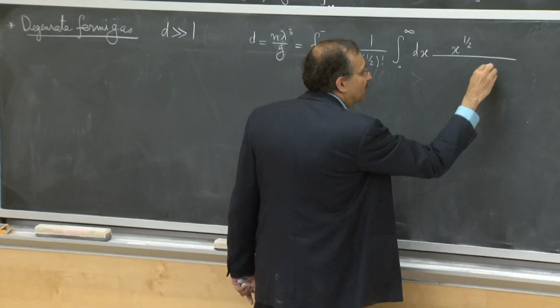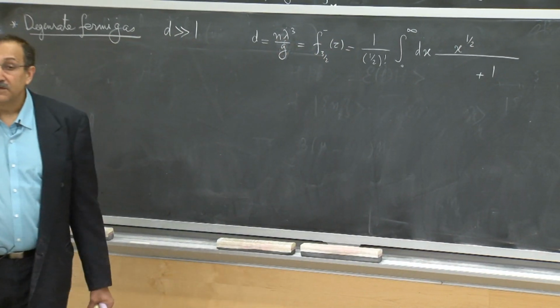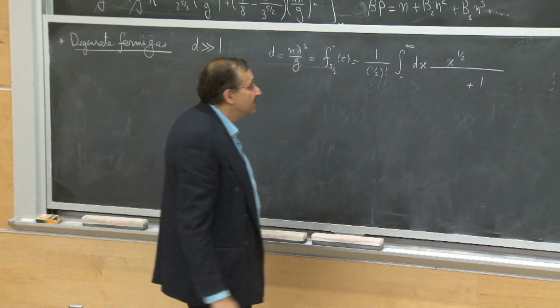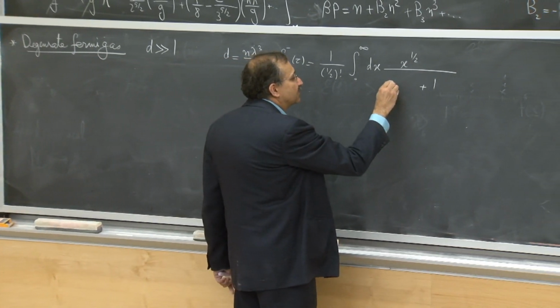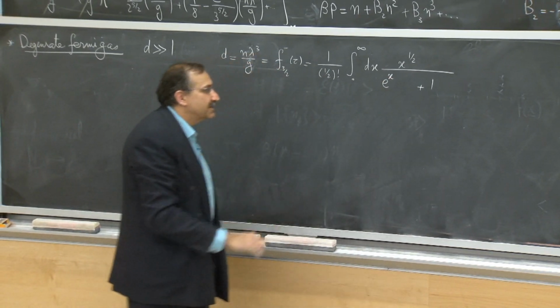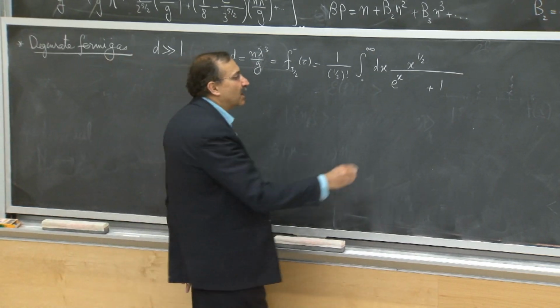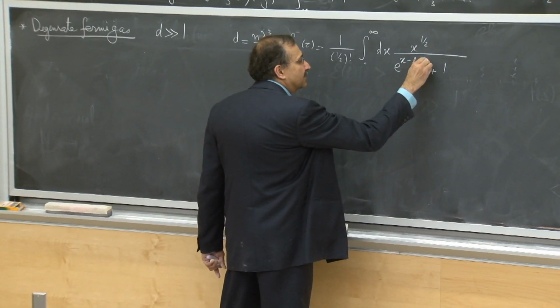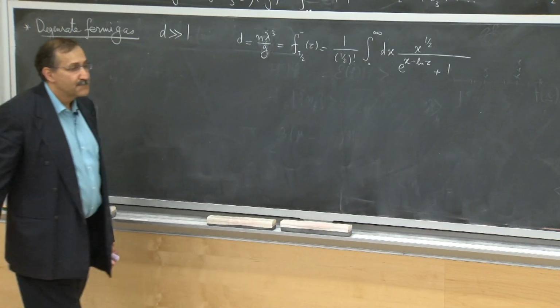And here I have a plus because I'm looking at the fermionic version of these. I have z inverse e to the x, and I can write that as e to the x minus log z. Okay?